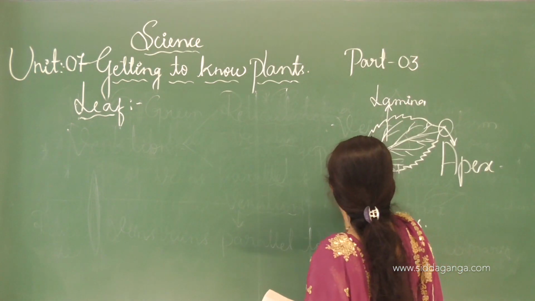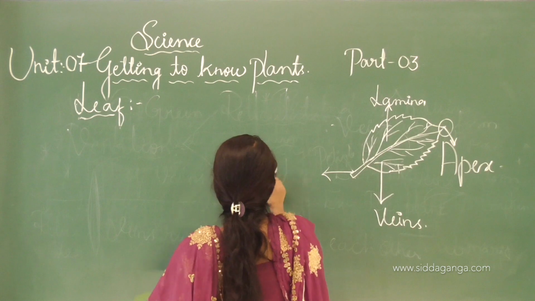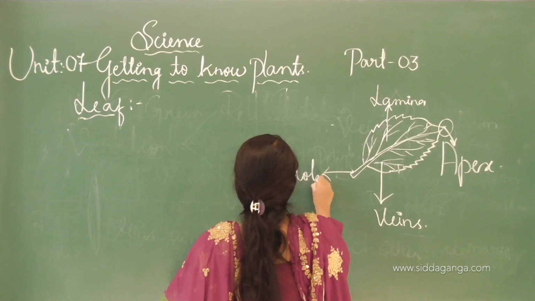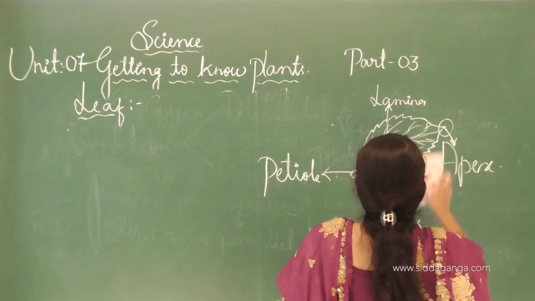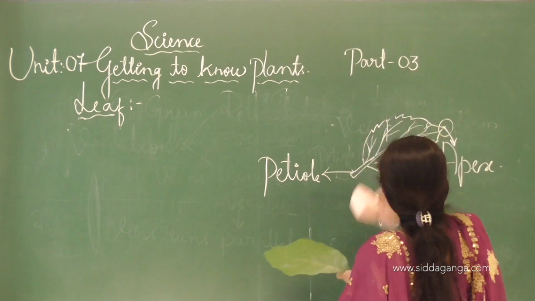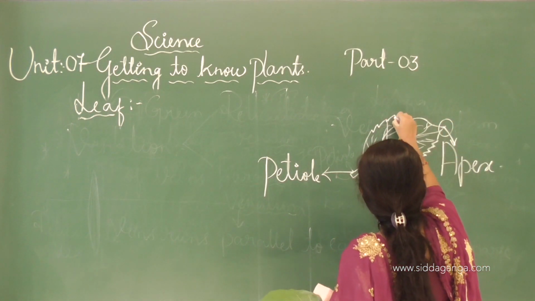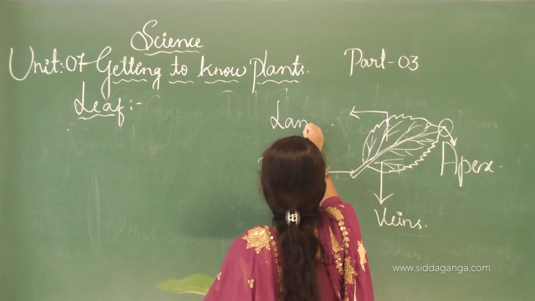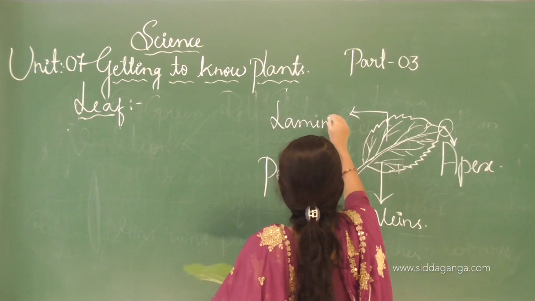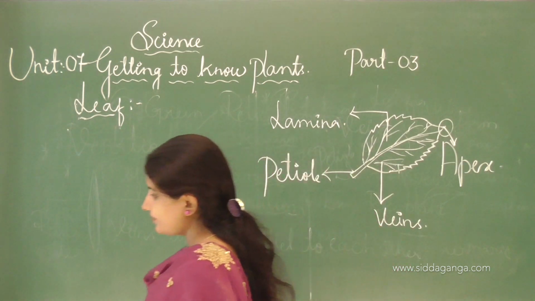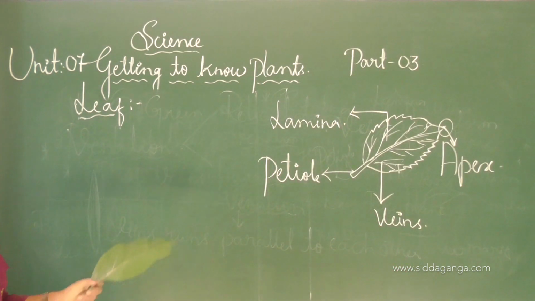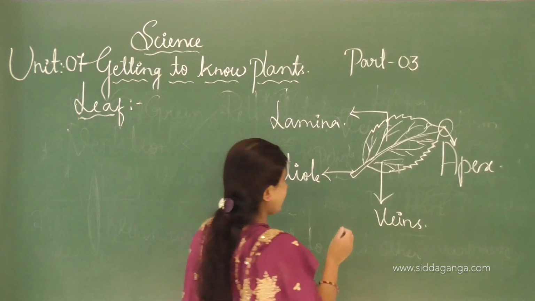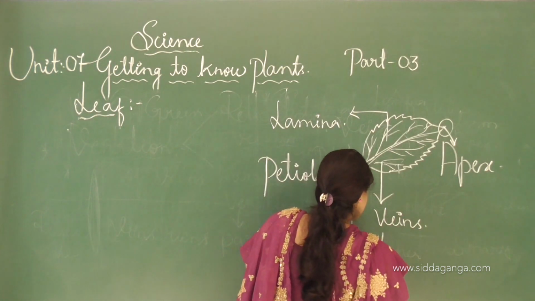The stalk of the leaf is called petiole, and the broad green part of a leaf is called lamina. These are the different parts of a leaf. This is the diagram of a leaf.